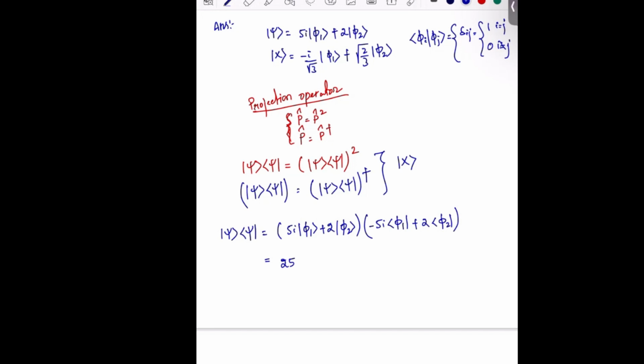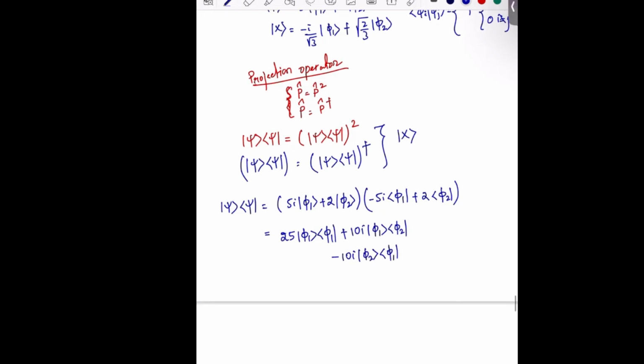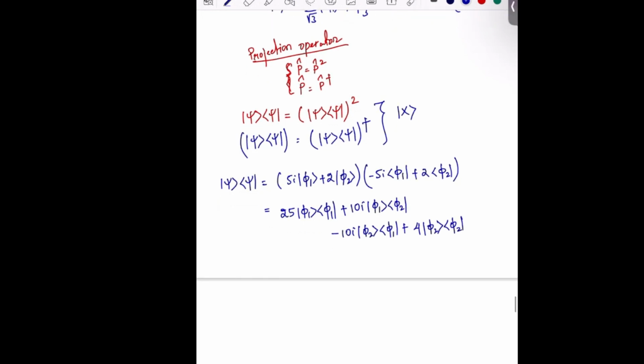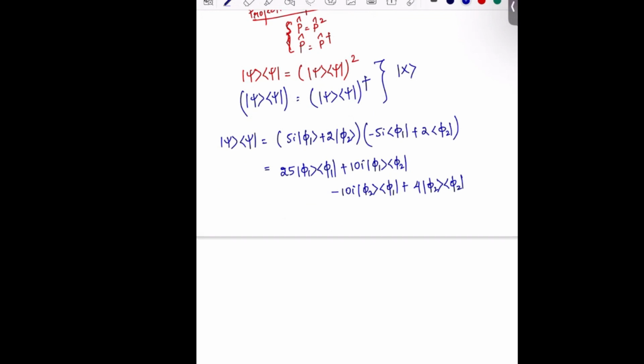It will be 25 phi 1 phi 1, plus 10i phi 1 phi 2, minus 10i phi 2 phi 1, plus 4 phi 2 phi 2. So this is the final expression you are getting.